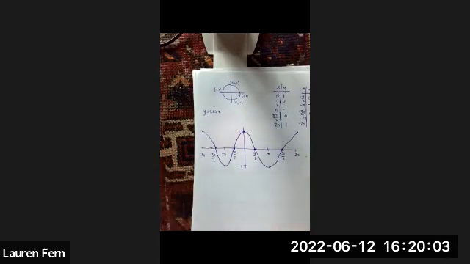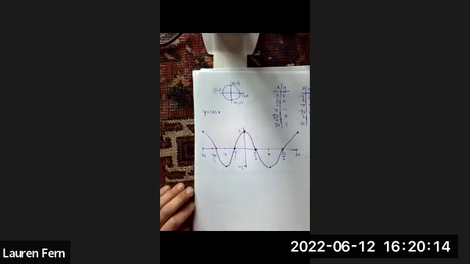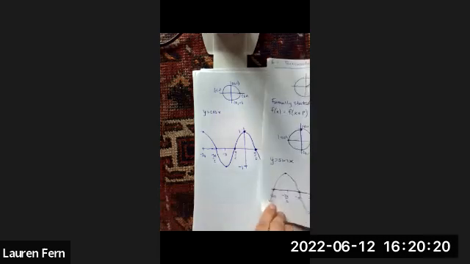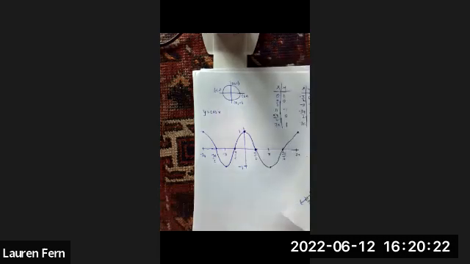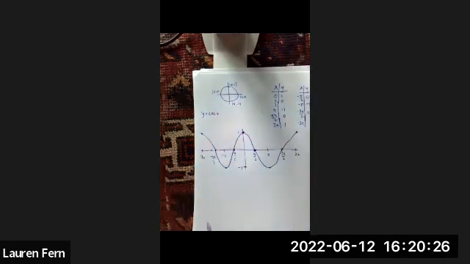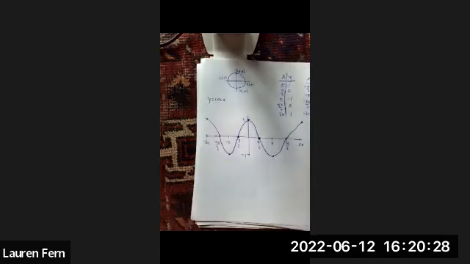Now, what I want to do is note some properties of our sine and our cosine graphs that are really important to note right from the start. All right, so one of the things that I want to mention is as follows. Notice that they both have the same domain and the same range, okay?